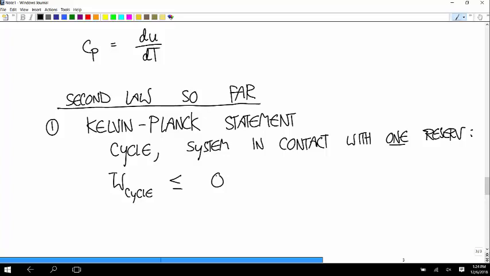And what is required for that to be equal to 0? Internally reversible. So we only care about our system. We don't care whether the surroundings, the things touching it, are reversible.